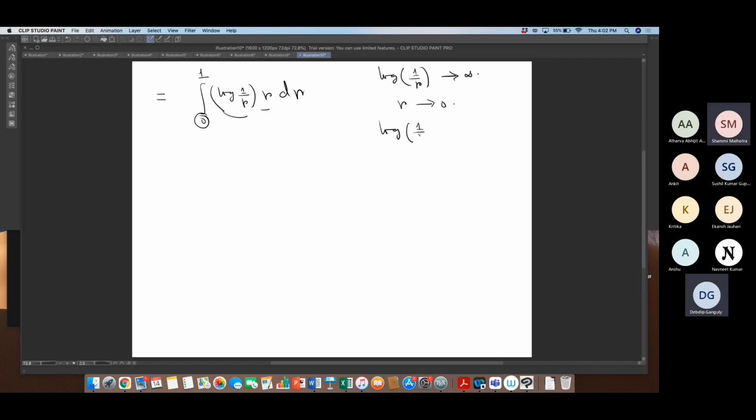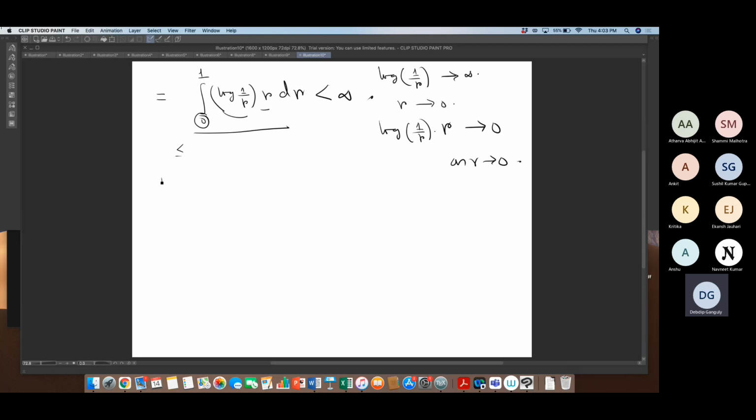So log 1 by r into r will go to 0 as r tends to 0, right? So this is integrable. Clear? Log x, whose growth is more, you know.